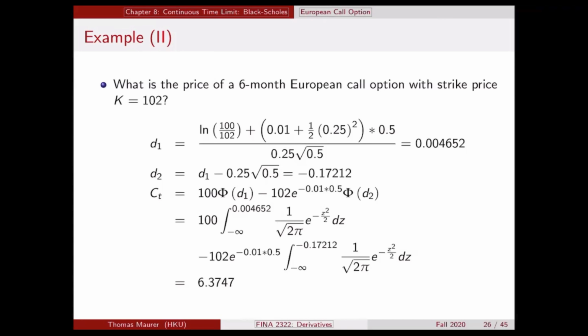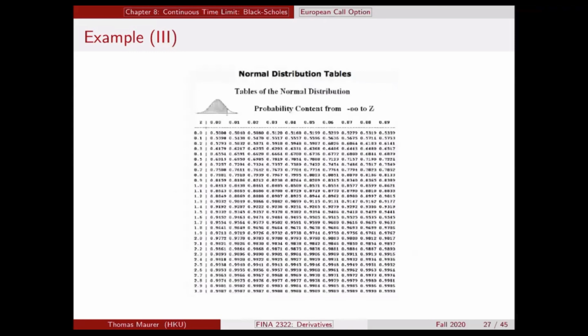What if we don't have a calculator which can numerically integrate? Well, we can use these threshold values and look them up in our normal distribution table. So the first value is approximately 0.005.